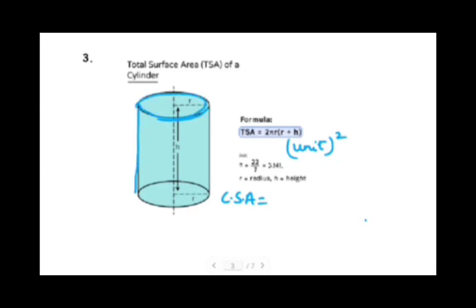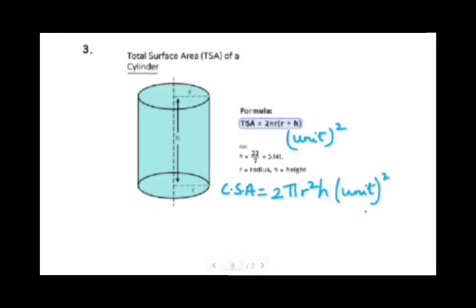No top and bottom. Only the hollow through and through pipe-like thing. So what's the formula for curved surface area? 2 pi r h. And unit square is the unit.